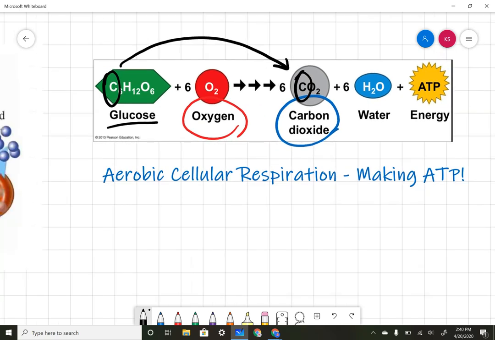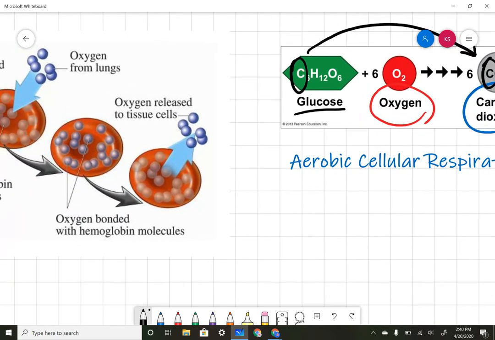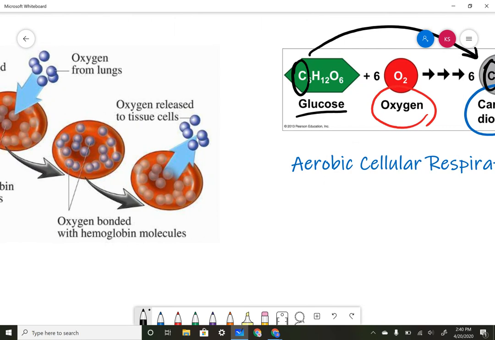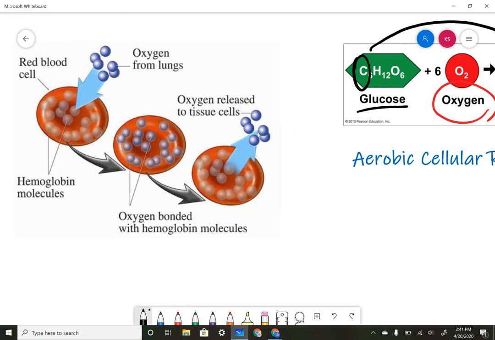But this connects to your bloodstream because your red blood cells are your body's oxygen delivery system. Red blood cells pick up oxygen in the lungs, and then they go back to the heart. They get pumped out to the body. When they get to the body, that oxygen diffuses out of the red blood cells and goes into your body's cells and into the mitochondria so they can use it for cellular respiration.